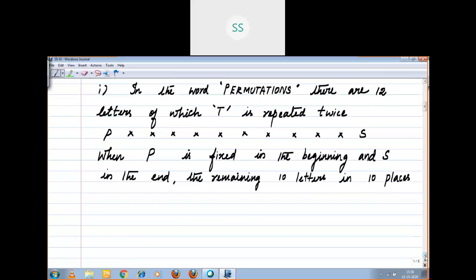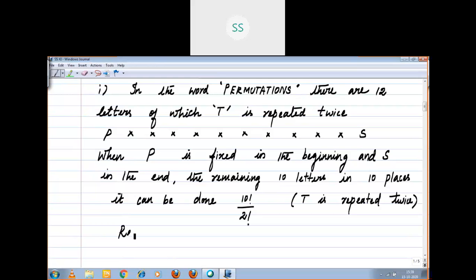It can be done in 10 factorial divided by 2 factorial because T is repeated twice. That reason you should write it on the right side.